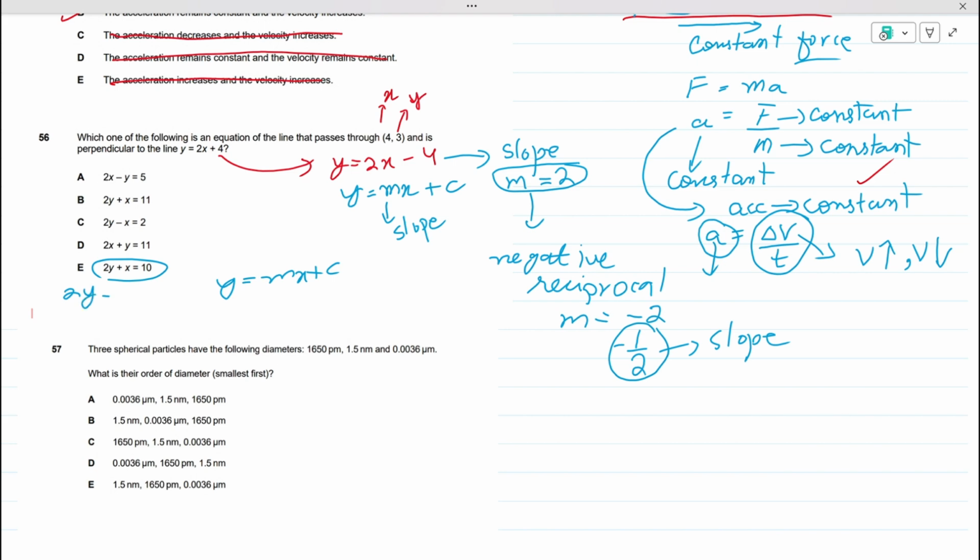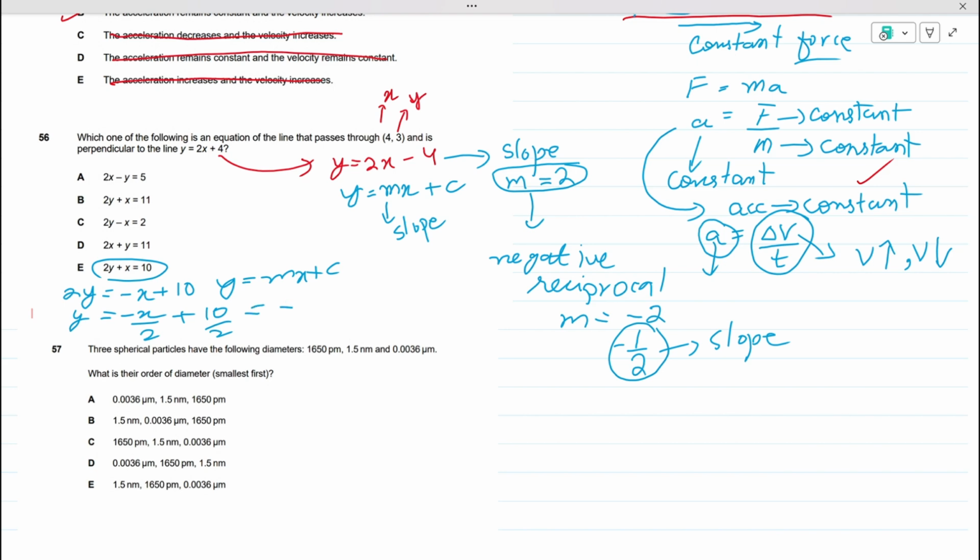So 2y equals, x is plus here, when it goes to the other side it will be minus, so minus x plus 10. I have to segregate y. 2 is multiplying with it, so when it goes there, it will divide both values. So x by 2 plus 10 by 2.